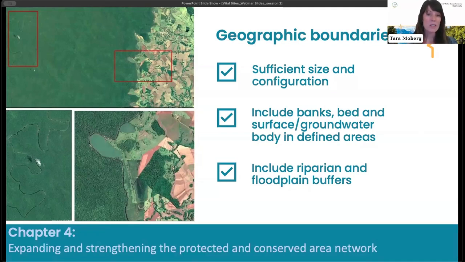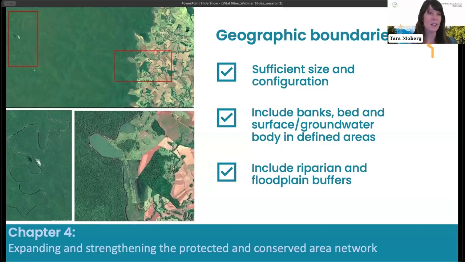It's also important to include the banks, the bed, and the surface and groundwater body in the defined areas, recognizing that often the geographic boundaries define landmass, but don't describe the freshwater features within them, which can lead to ambiguity in implementation.